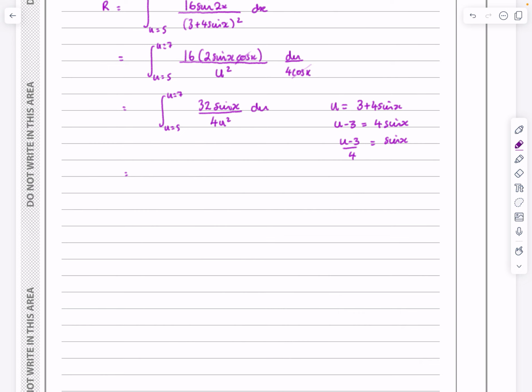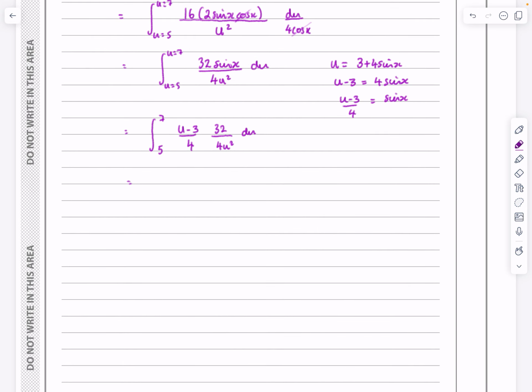So tidying all this up then, I don't need to say u equals 7 and u equals 5 now because I'm only going to have u's in this bit. When I stick in u minus 3 over 4 for sine x, and then I've got 32 over 4 u squared du, all of that tidies up.